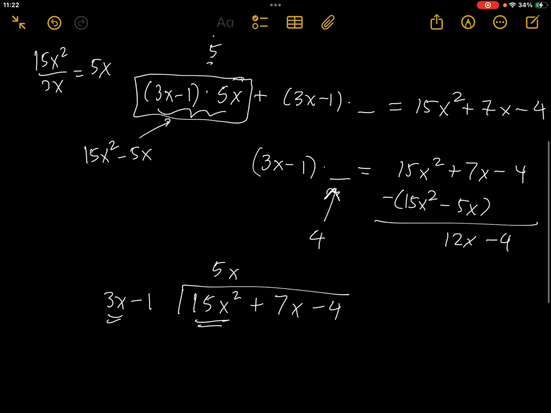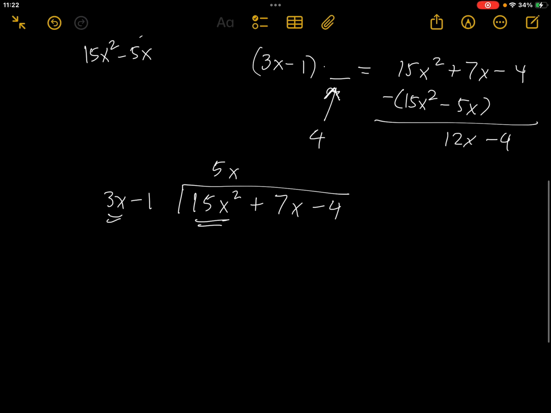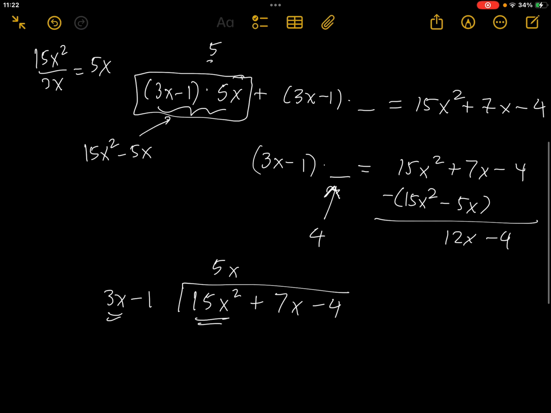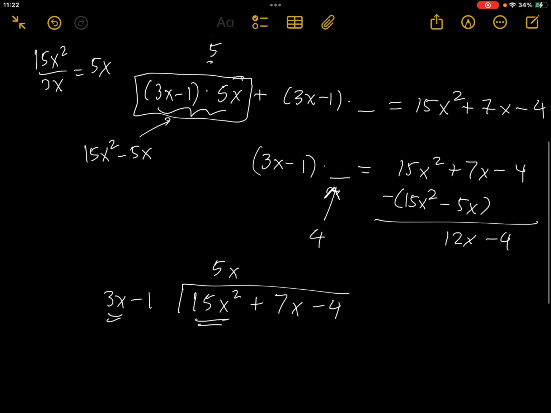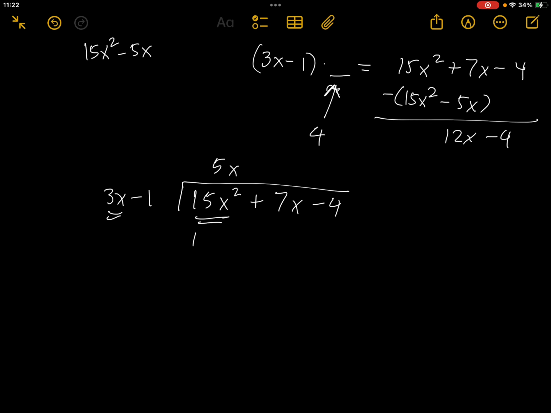And then what we did was we multiplied 3x minus 1 by 5x. And then we subtracted that from 15x squared plus 7x minus 4. So I'm going to write down 3x minus 1 times 5x below: 15x squared minus 5x. And then we subtracted it. And that gave us 12x minus 4.